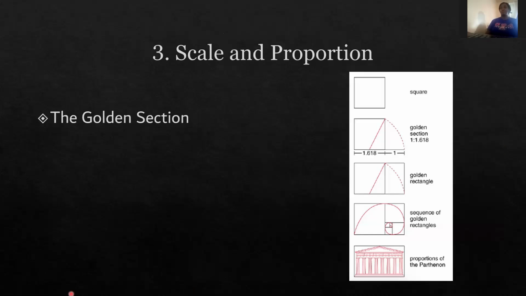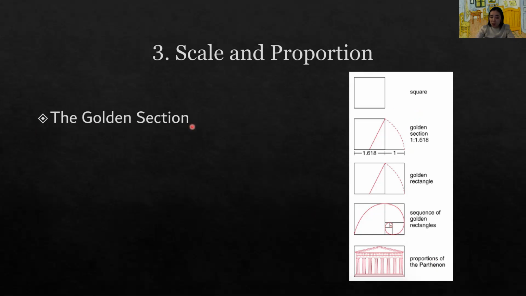And the last one is the golden section. The Greeks were interested in the use of mathematical formulas to determine the perfect proportions, which has fascinated artists ever since. One of the best known formulas is what has become known since the Renaissance as the golden section.